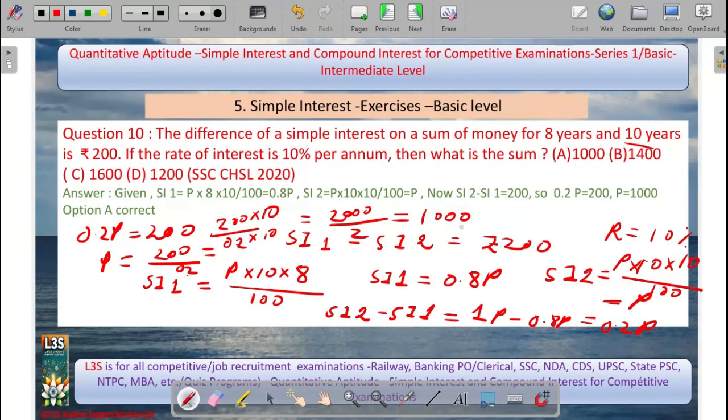So amount will be 1000 rupees. So here option A is the correct answer.